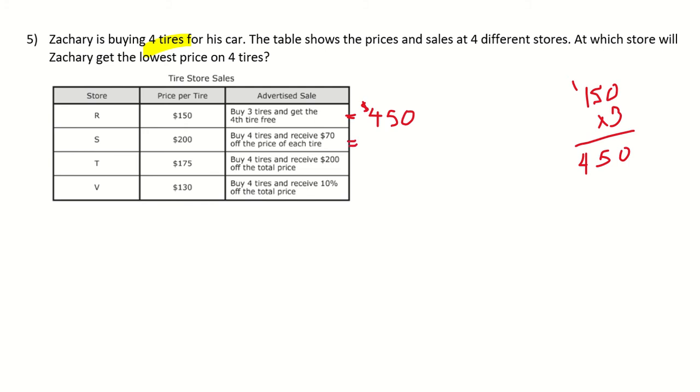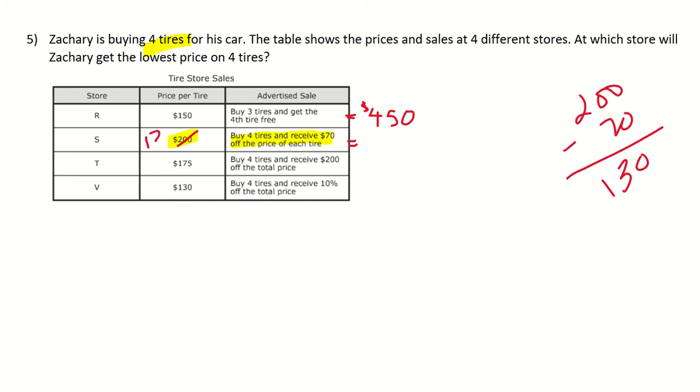Let's do the cost at store S. Their deal is buy 4 and receive $70 off the price of each tire. If you buy 4, you get $70 off of each. So this $200 per tire, that's actually not the real cost. It would be 200 minus 70, which is 130.